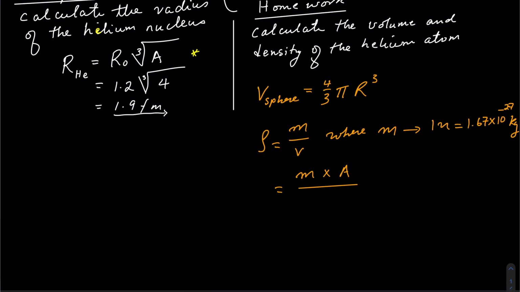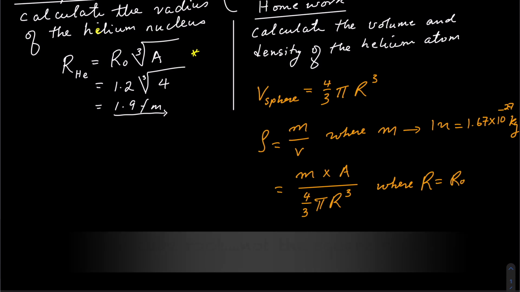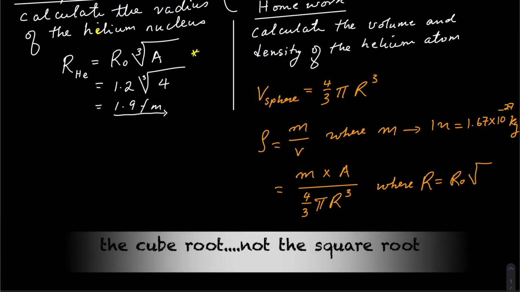Take the mass of the single nuclide and then we multiply it with A, which is the number of nuclides in an atom, and then we divide this by the volume, where the volume is given by 4 over 3 pi r cubed. But we know from the previous equation that r is basically given by r naught, which is a constant, by the cube root of the atomic mass.